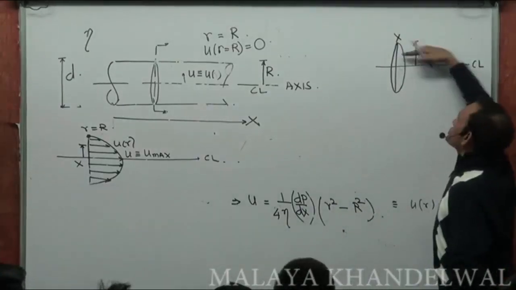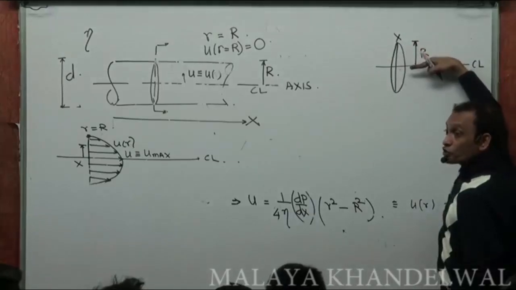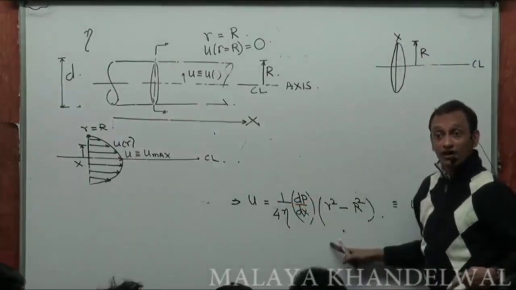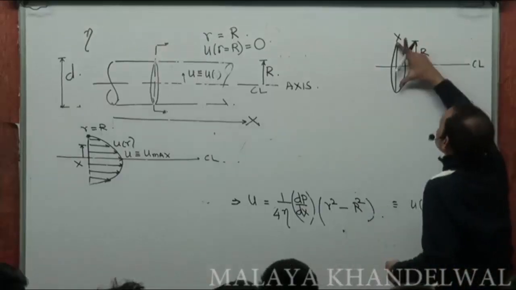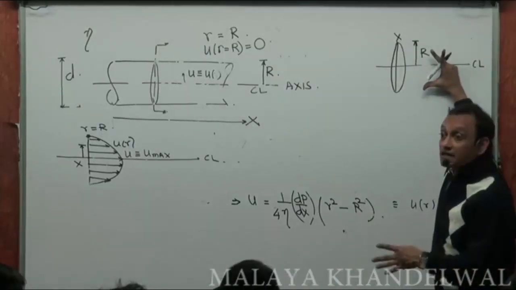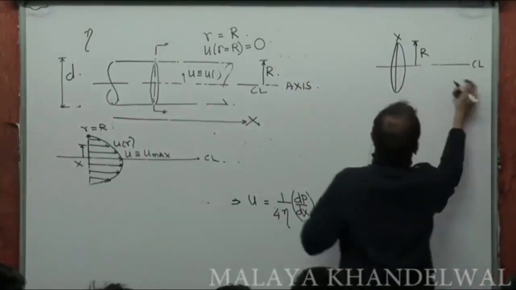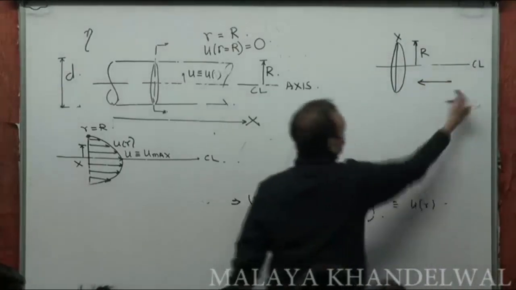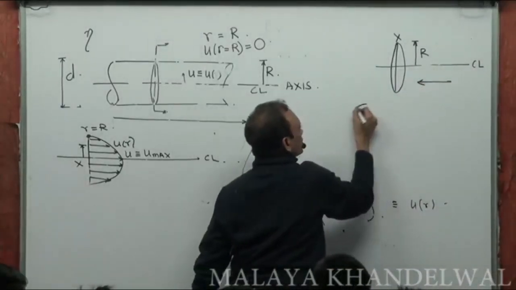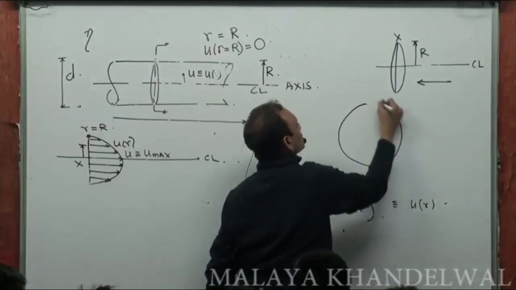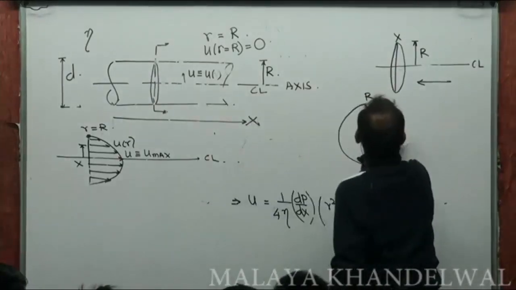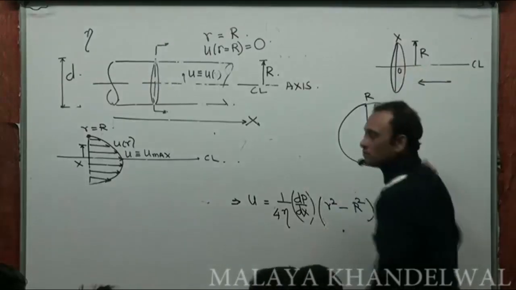From different points of this cross section, fluid is emerging with different velocity because u is a function of r. So I can't say it's velocity into pi r squared. I can't say that. What I do is, let me look at this view of this cross section. When I look at the cross section from here, it looks like a circle of radius R with O as the center.